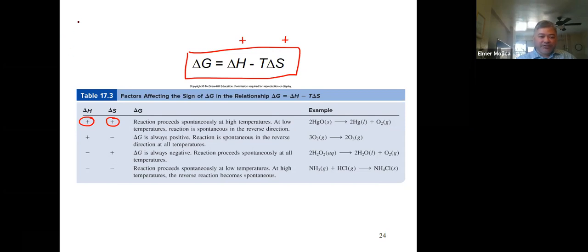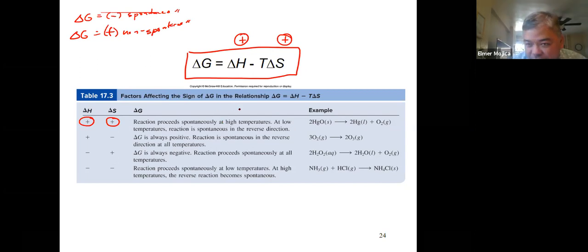Because remember, we can only have delta G as negative, so that's the one that is spontaneous. And then delta G is positive, that's the one that is non-spontaneous. Now, what happens if you have both positive values here? Everything depends on what? To predict whether delta G will be positive or negative, everything depends on the temperature.